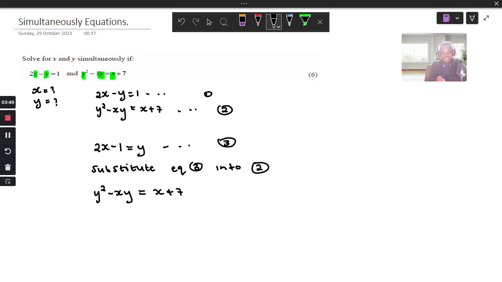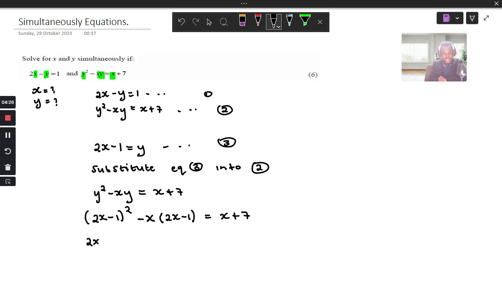Whenever you see y, you replace y with 2x minus 1, close bracket, you square it, minus x. Here also you see y, so you replace it with 2x minus 1, which is equal to x plus 7.